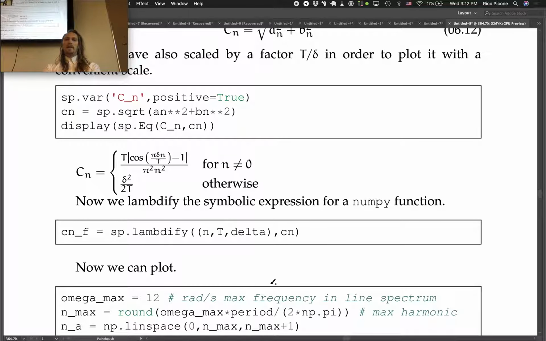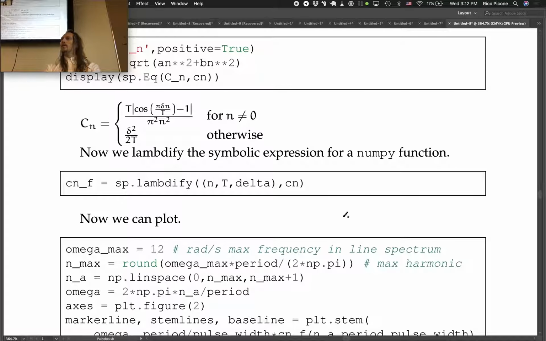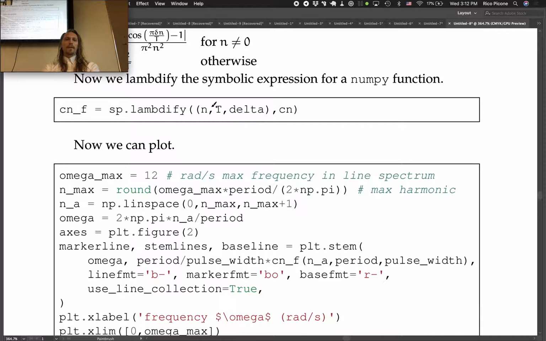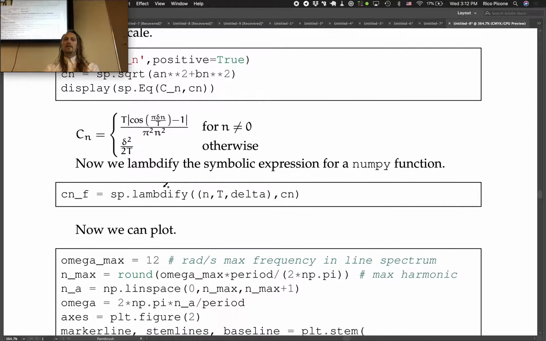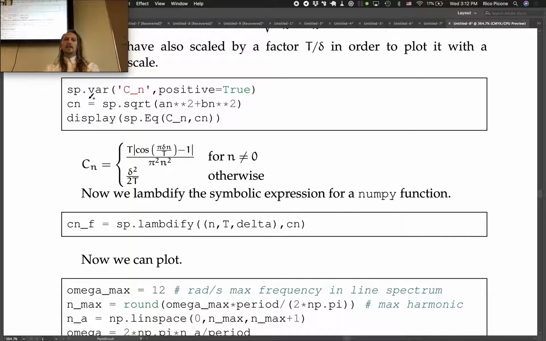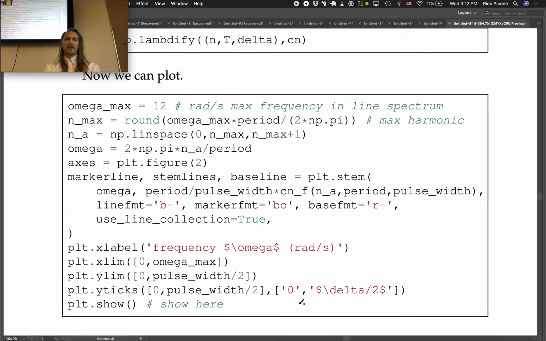And now we lambdify it so that we can use NumPy to plug in numbers and give us a graph. Lambdify is pretty easy. You just say, hey, you know that function I have, C_n, that I defined up here symbolically, I want to be able to plug arrays, NumPy arrays, into it and get out arrays. So did that.